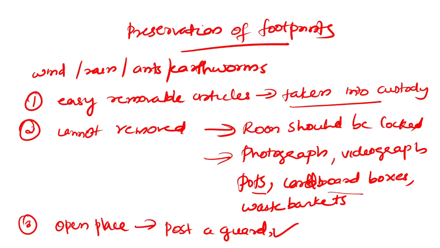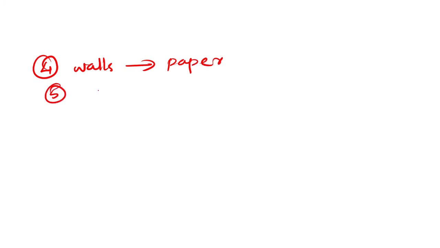Then if the footprints are on walls, you can cover this with paper. And all the possible precautions should be taken to save the prints from being washed by rain or attacked by ants, earthworms and other insects.